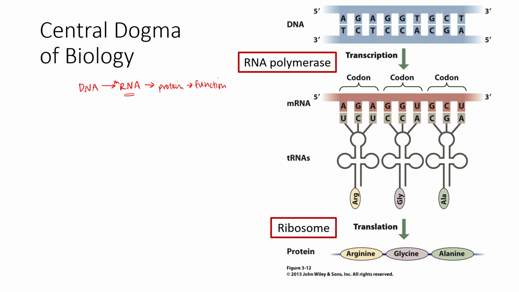The processes for each of these arrows are shown on the right. For DNA, as shown on the top in blue, it's made into mRNA.